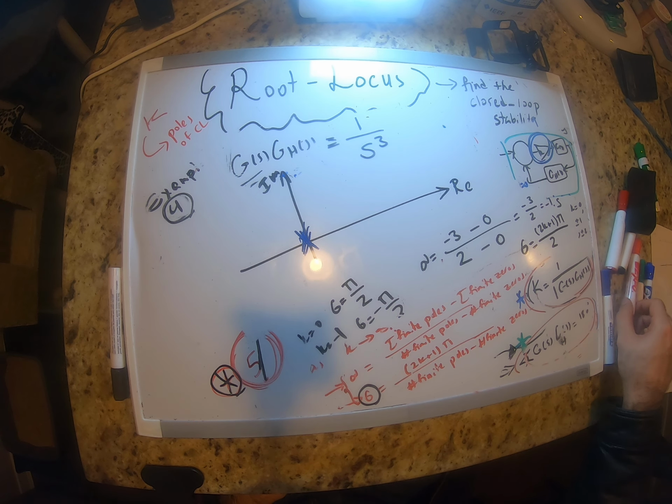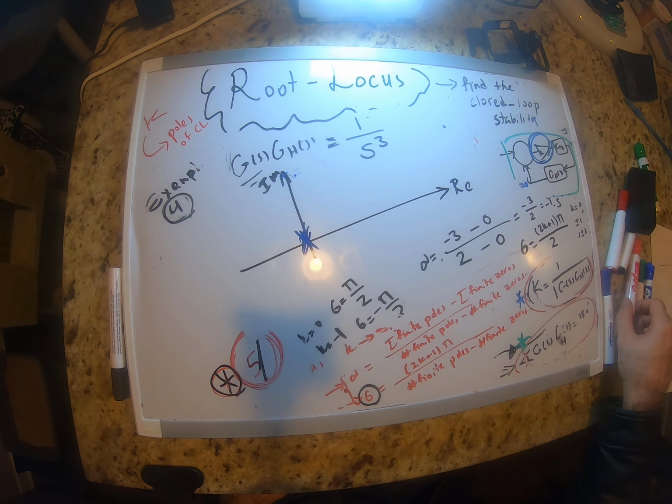No, because the root locus only exists to the left of an odd number of poles or zeros. We don't have any line here, but this is an odd number of poles. So to the left of it, we have a root locus branch.